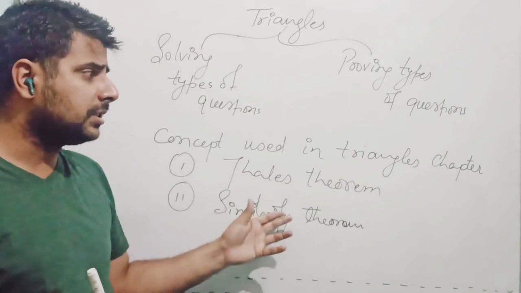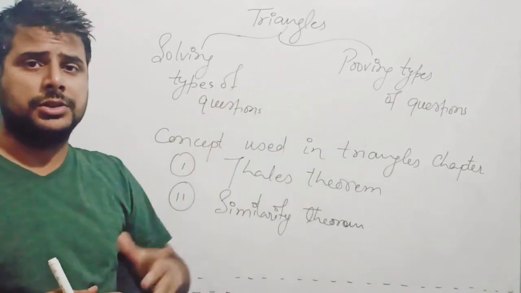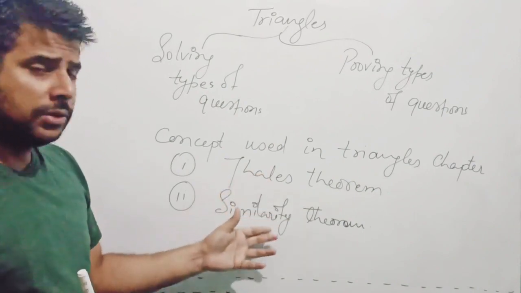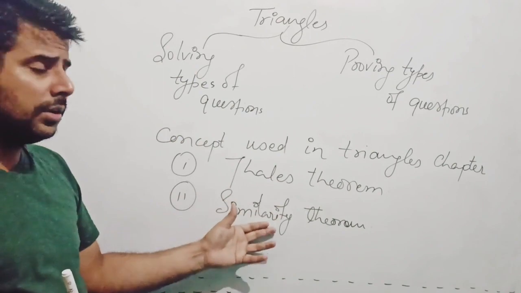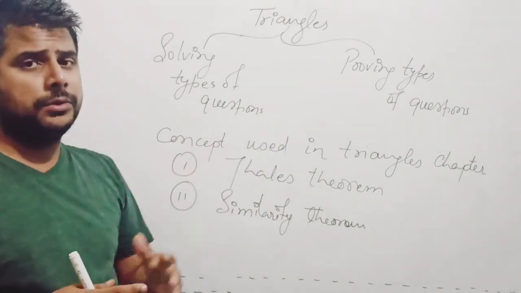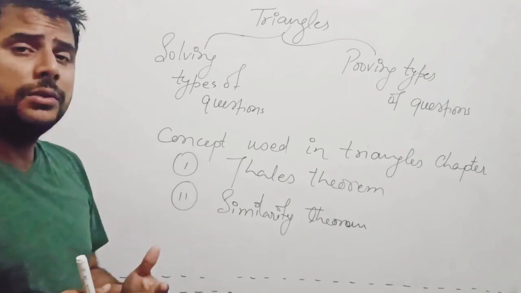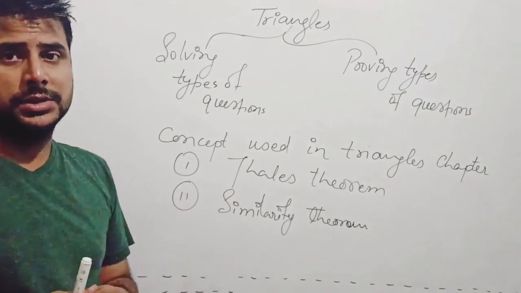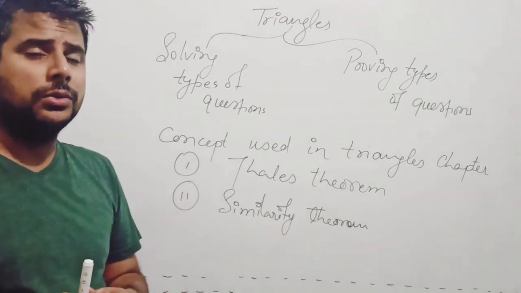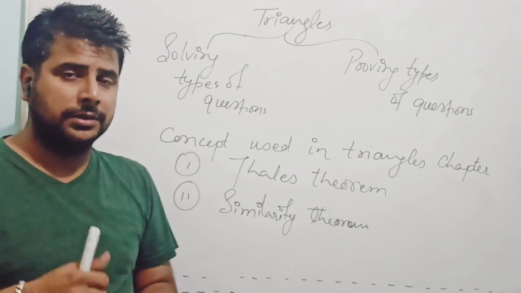These two theorems are applicable for the solving questions, and the same theorems are applicable for the proving type of questions. So first we will recapitulate the theorems. I'm going to start with the Thales theorem in the next part, so be in touch with me.